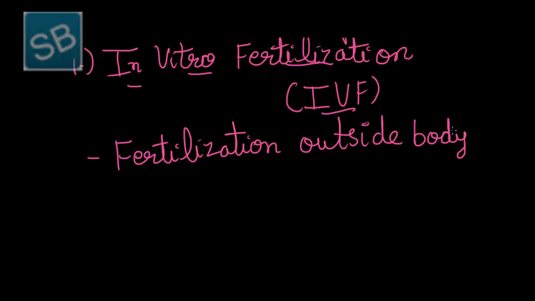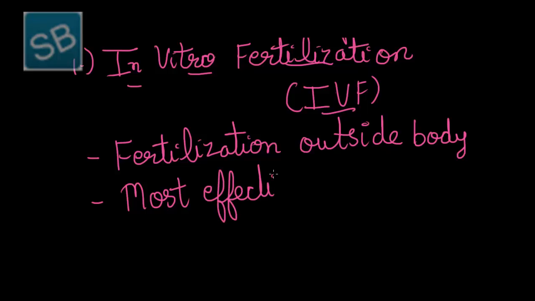That is, the fertilization process that takes place outside the body, carried out in a specialized infertility clinic, is known as in vitro fertilization. It can be considered as the most effective form of ART.